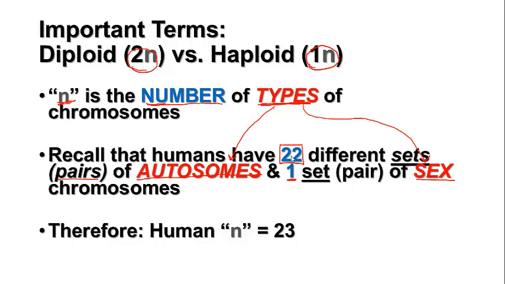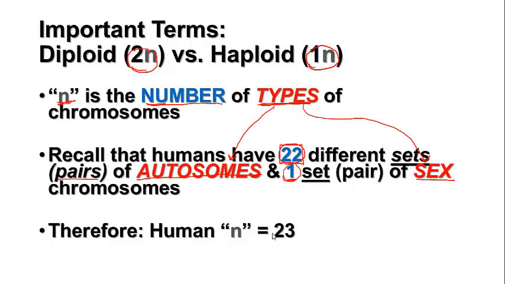So if we have 22 different distinct types of autosomes with a pair for each distinct type of autosome, and then one set of sex chromosomes, with a pair or two chromosomes being categorized as sex chromosomes, we take one type of chromosome plus 22 other types of chromosomes, and 1 plus 22 equals 23.